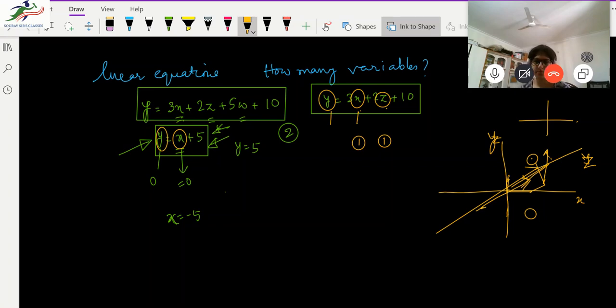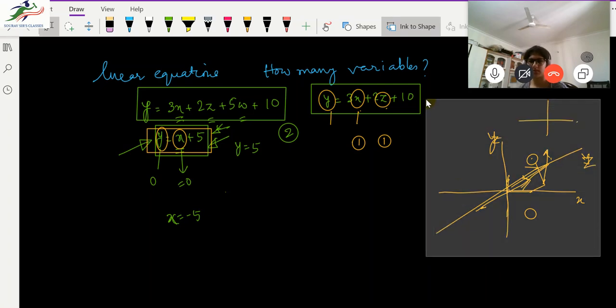Just wanted to make you understand that linear equation doesn't necessarily mean that it will be a straight line. It can be a plane or any form of higher dimension spaces as well. But in the simplest form, it is a straight line. Okay, and we will mostly talk about straight lines.